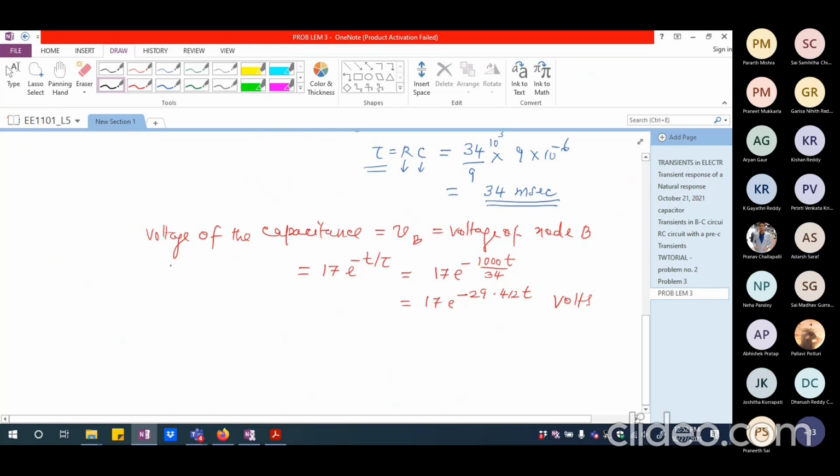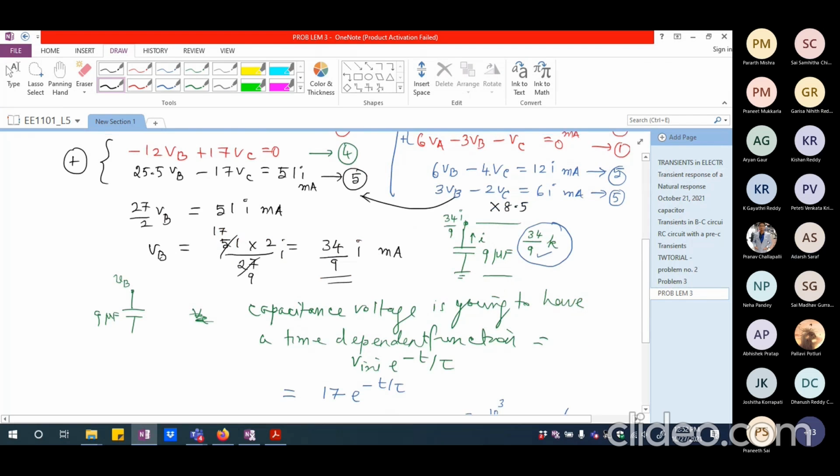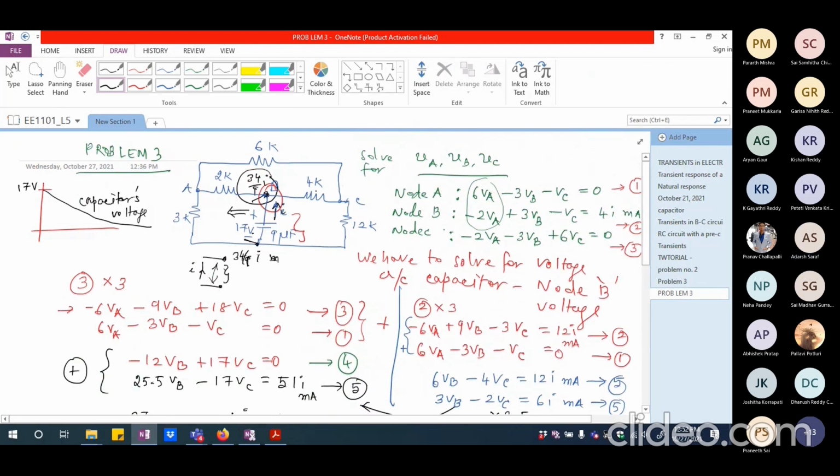I didn't get how you got 34 by 9K. How did you get the K? Here, whatever we got, everything, 6 or 4 or everything, is in terms of K. The resistances are not just in ohm, they are kilo ohm. So everywhere we have neglected the factor of 1000. Otherwise, even these equations should have been written 6000 times VA, 3000 times VB, and 1000 times VC equal to 0.